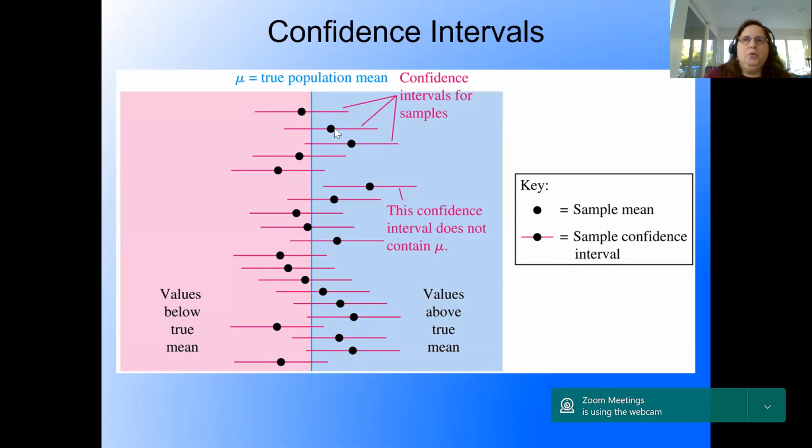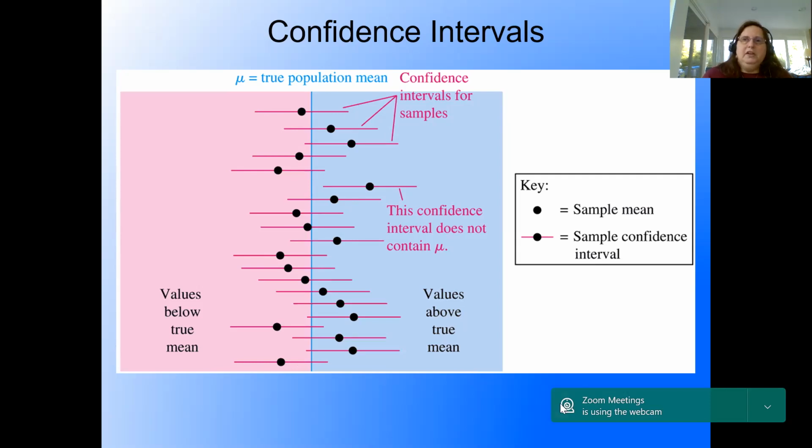We have 20 sample means for 20 studies. For each sample mean, we built a 95% confidence interval around the mean. That goes from one end of the pink line to the other end of the pink line. Those are our confidence intervals.